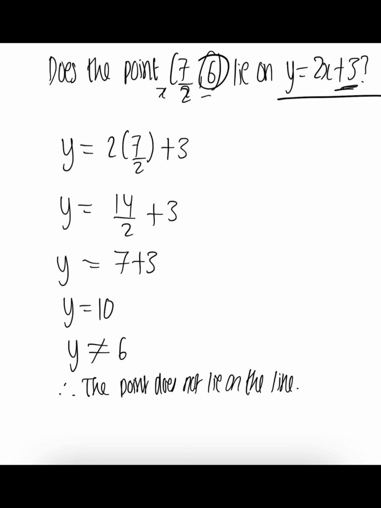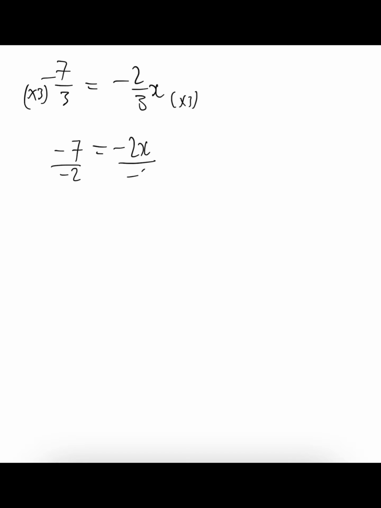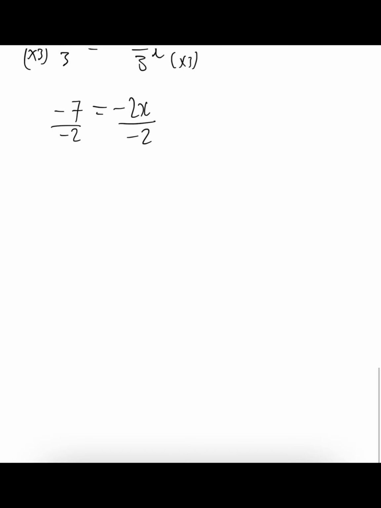We can cancel out the fraction by multiplying through by 3 on both sides. Now we will just have negative 7 is equal to negative 2x. All we can do here really is divide through by negative 2 on both sides. If you remember from your previous learning, when you have a negative divided by a negative, you will just make it a positive. So x equals 7 over 2, and that is the positive value of x which we were looking for.